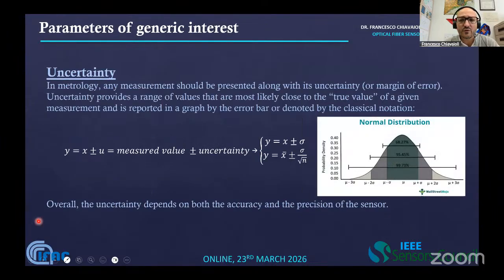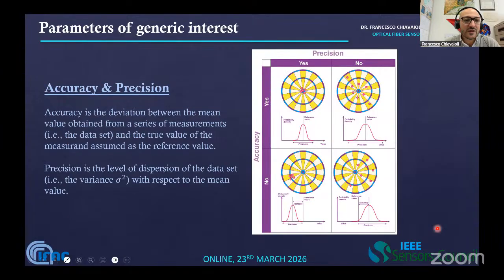I will go very fast in this part because I think everyone knows about this fundamental parameter in metrology, which is uncertainty, which is related to any kind of measurement we are performing. And usually we can give the standard deviation or the standard error, depending on the normal distribution of the error.